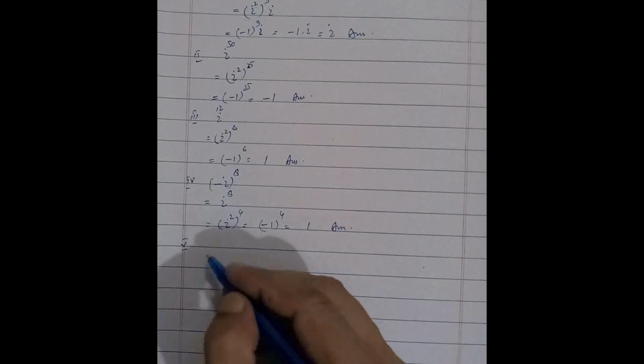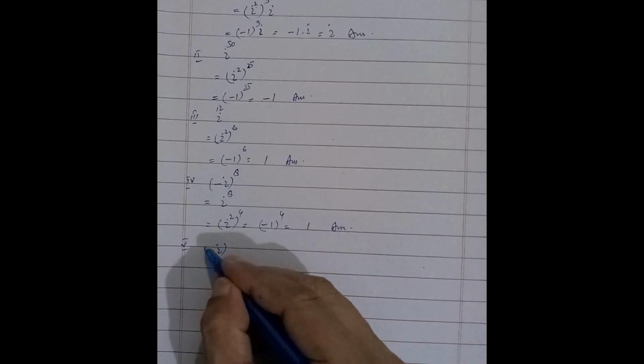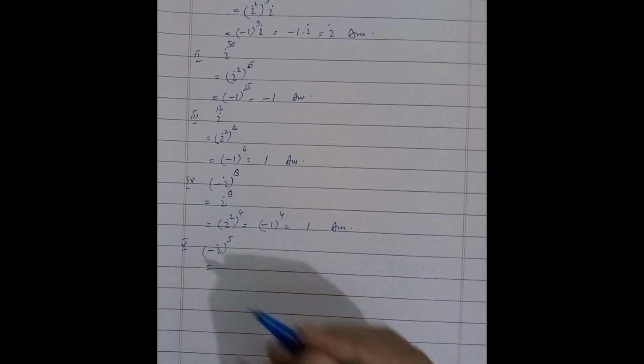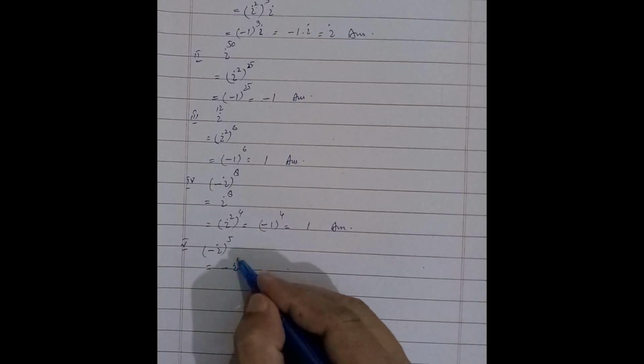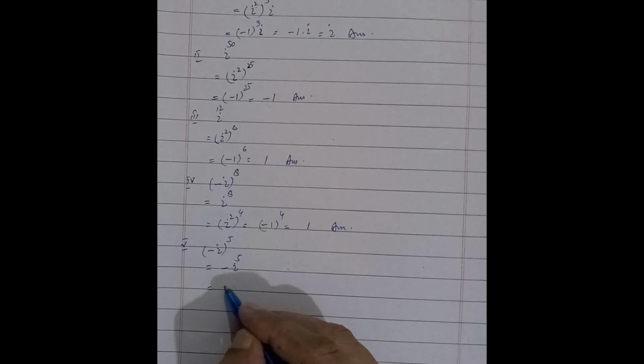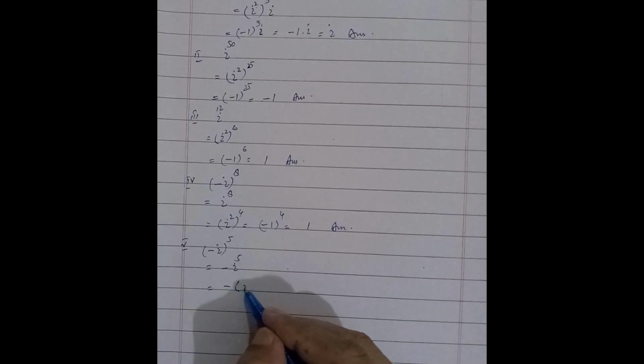And next, the fifth part, minus iota whole power 5. Minus iota's power 5, which is an odd number. So we get minus iota's power 5. Now we simplify it. Minus is multiplied with the iota. So we write minus iota square whole square into iota. Iota square whole square means 2 twos are 4. Multiply by iota, we get iota power 5.